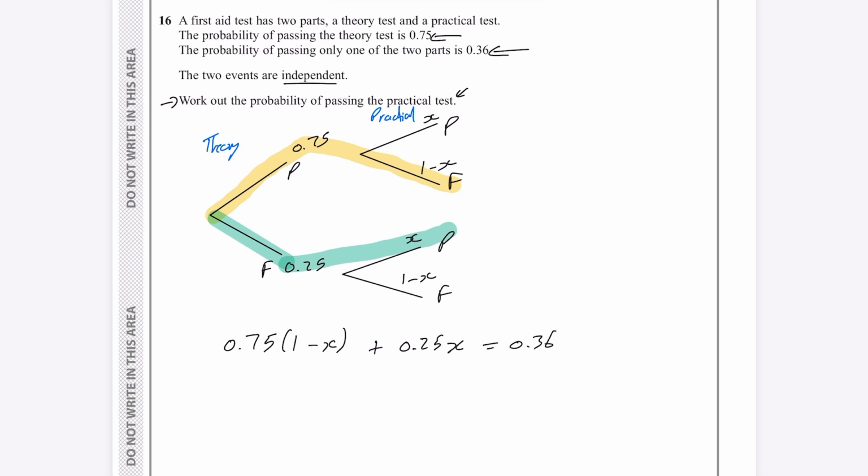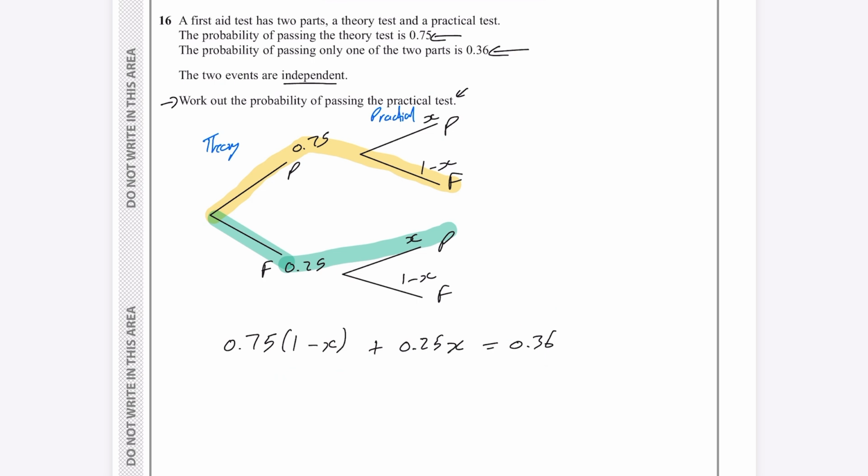This is what's key for this question, understanding what this 0.36 actually represents. It represents the probability of passing only one of the two parts. So what I'm saying is either you're going to pass and then fail, and that's this bit here, or you're going to fail and then pass, and that's this bit here, and these two add up to represent 0.36.